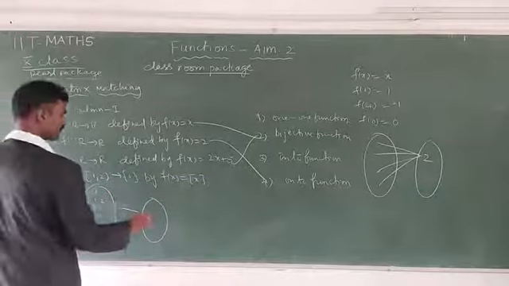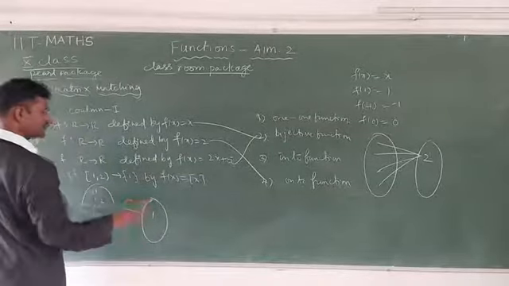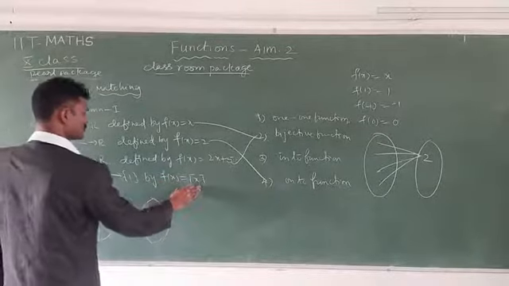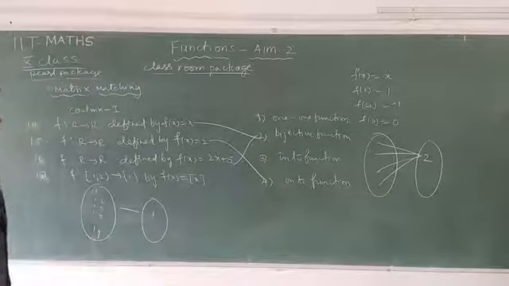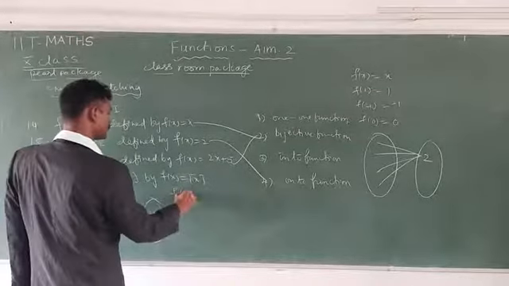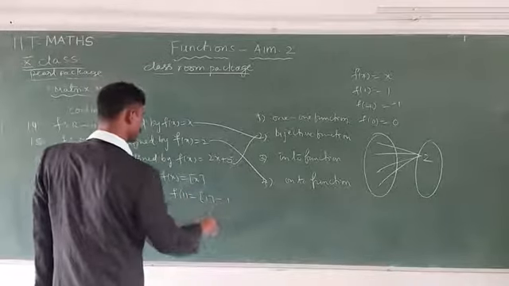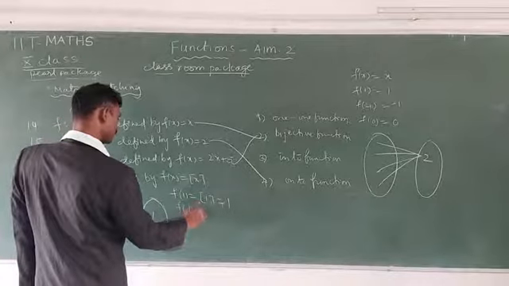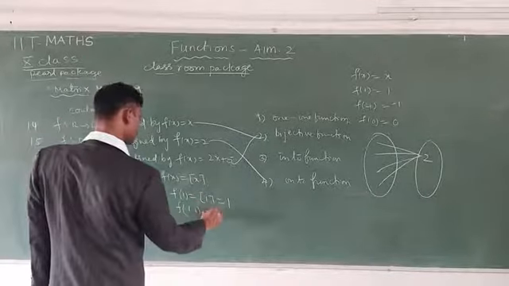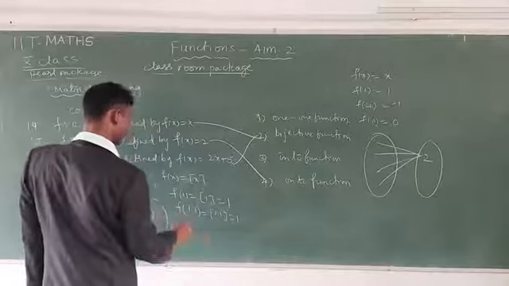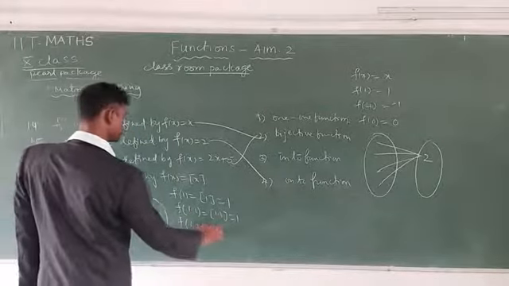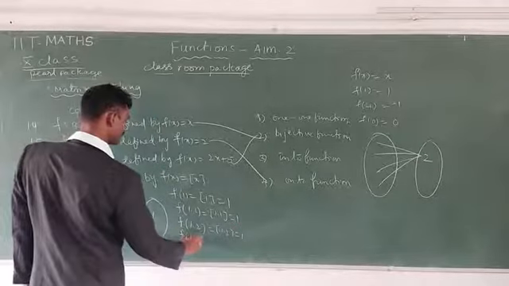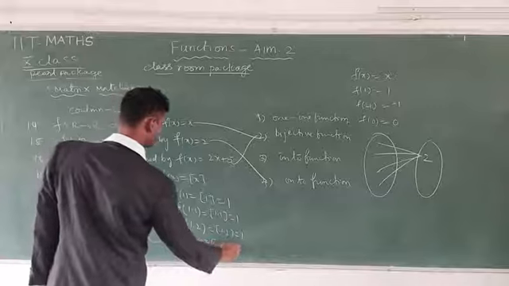And this is mapping to the fractional part or the floor of x. The floor of x means you can take the floor of 1, which is 1. The floor of 1.1 is 1, the floor of 1.2 is also 1, and the floor of 1.9 is also 1.